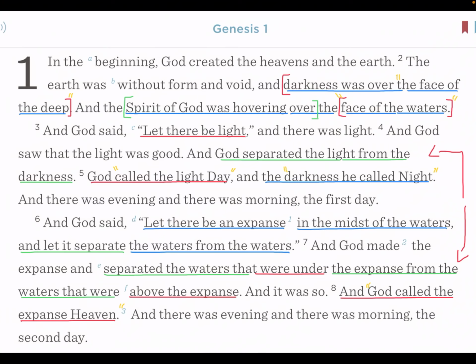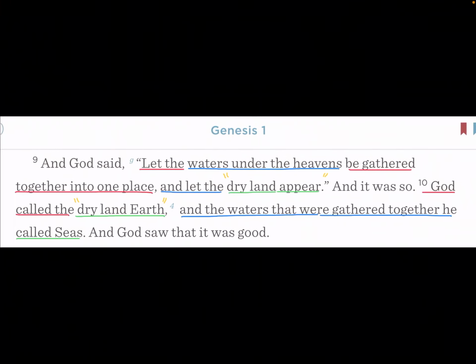So now we have day and night being used with light, darkness, and light. We have the expanse, the firmament is heaven. We have the division of the waters. And now in verse 9, we have, let the waters under the heavens. So now there was the waters above, and now waters below. Now the waters below under the heavens are to be gathered into one place, and dry land will appear. So that means the waters were covering the land.